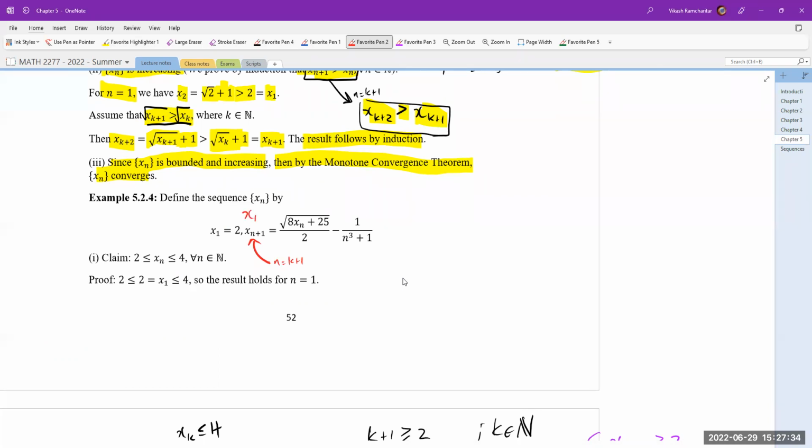This gives me x(k+2). That's why we need to consider k plus 2. So we need to show x(k+2) is bigger than x(k+1). That's what we need to show.